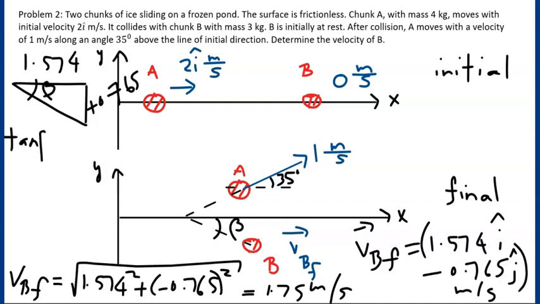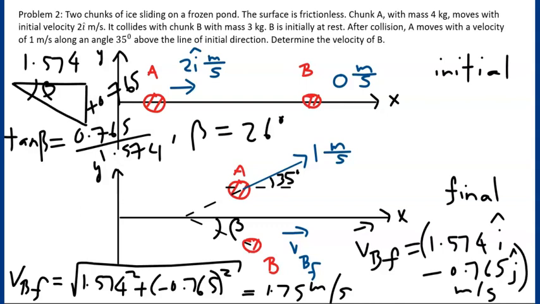So tangent beta is 0.765 over 1.574, and that will give you 26 degrees for beta, and that is the direction of the final velocity of B, and that solves the problem.